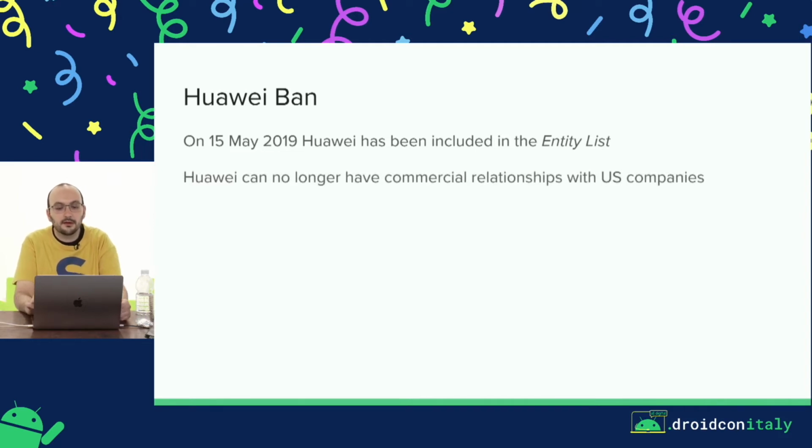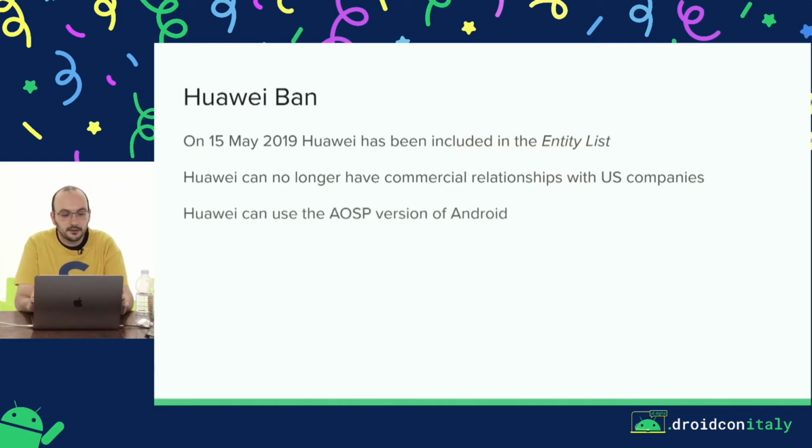So one of the things that Huawei can no more do is to use Google Play Services inside their phones. So what can Huawei still do?